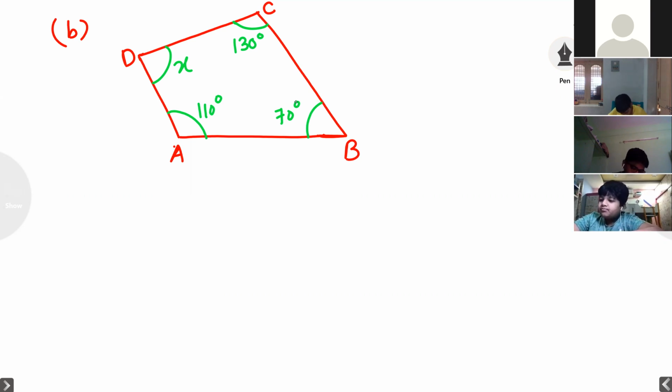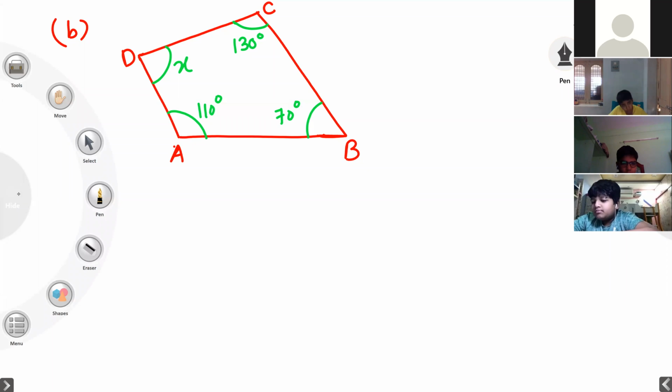Again, this is looking like a quadrilateral. Firstly, I need to add all the three angles. Whatever answer we get, 360 minus the remaining angle.